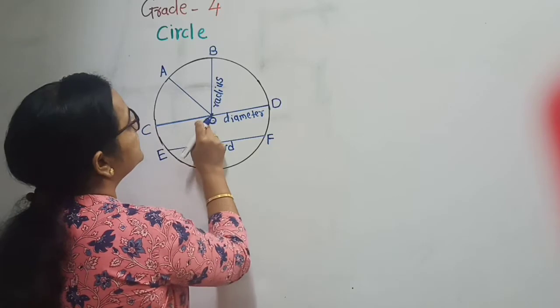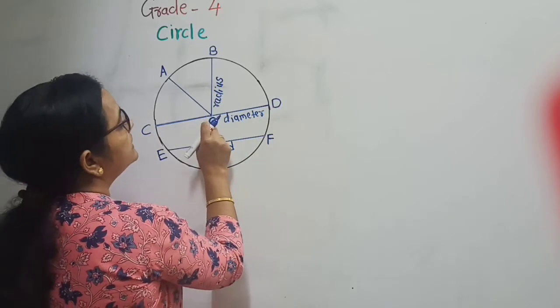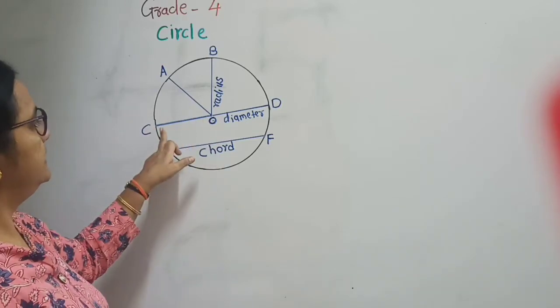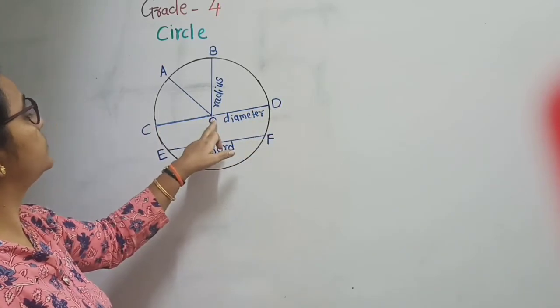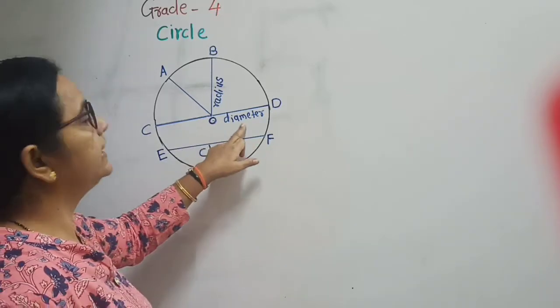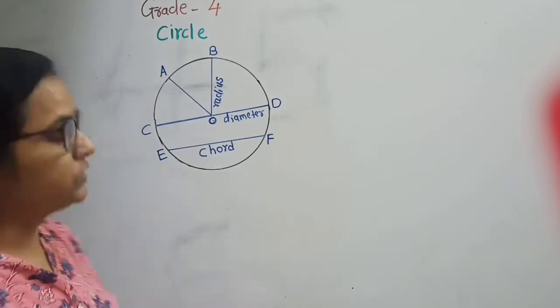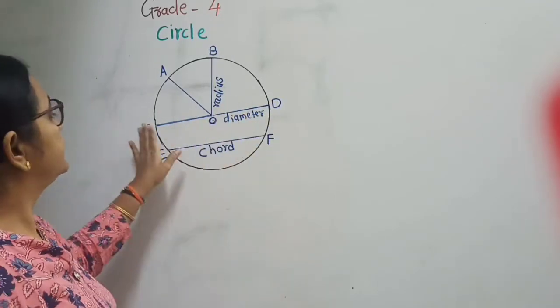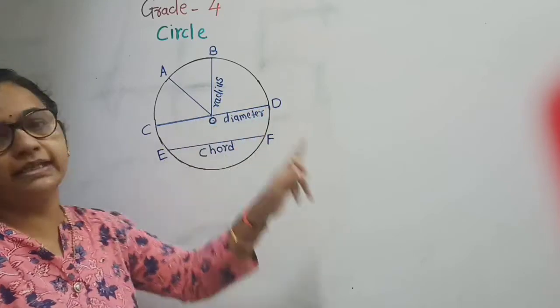Because it passes through the center of the circle. So CD is a diameter.